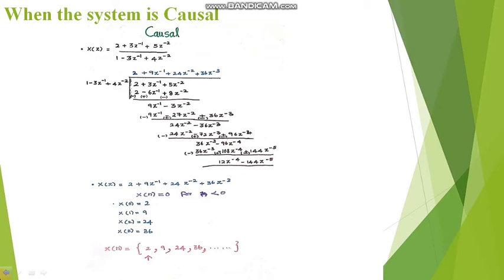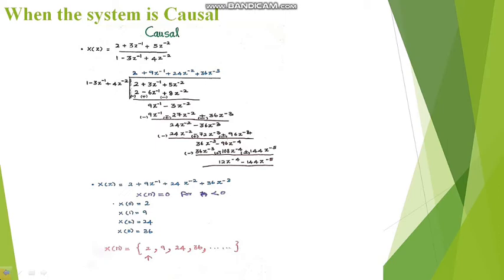After these 4 operations, I got x of z equals 2 plus 9z inverse plus 24z power minus 2 plus 36z power minus 3. Here I have written the condition for x of n: x of n equals 0 for n less than 0. So x of 0 equals 2, x of 1 equals 9, x of 2 equals 24, x of 3 equals 36.